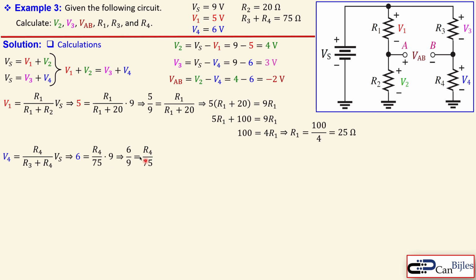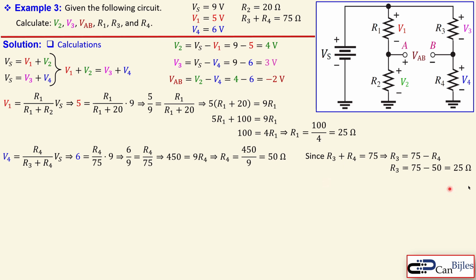Now cross multiplication: 6 times 75 gives you 450, and this is 9 times R4, that means R4 is exactly 50 ohms. Now, since this is 50 ohms and we know that the summation is 75, that means R3 must be 25. So we also know all these resistor values, R3, R1, and R4.